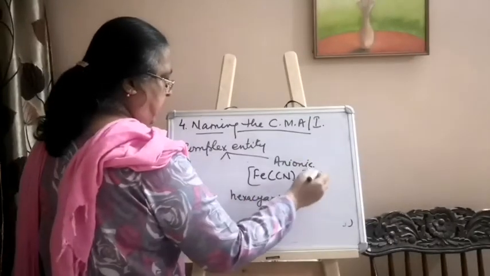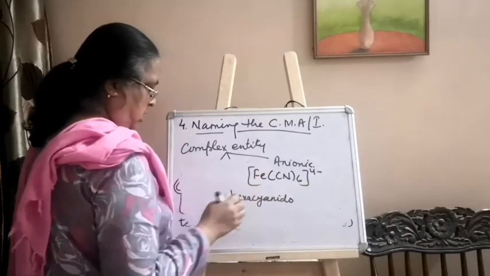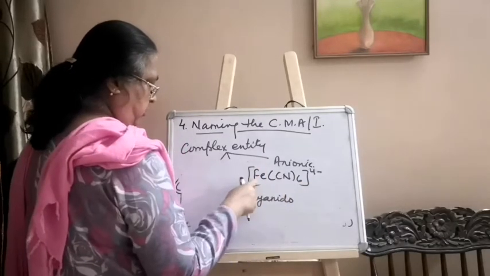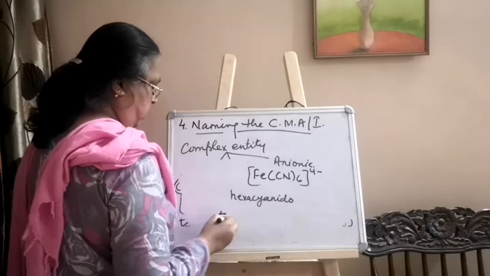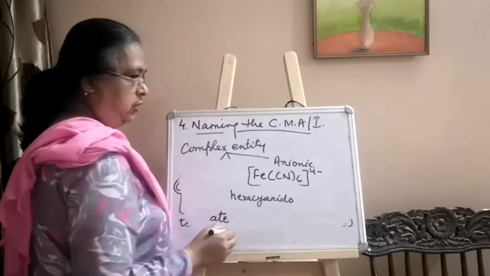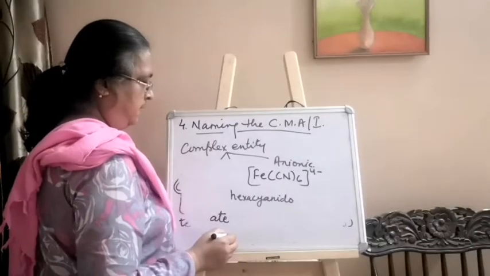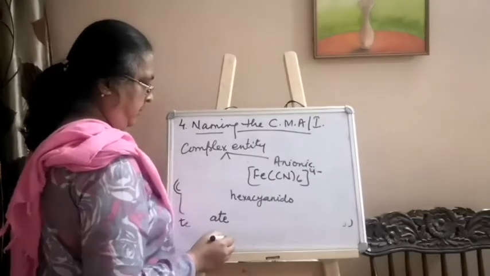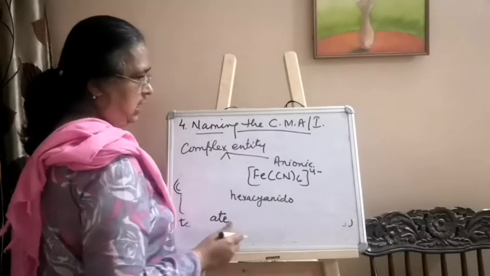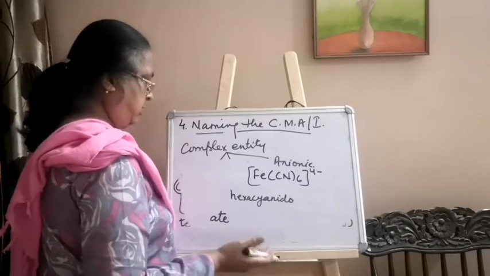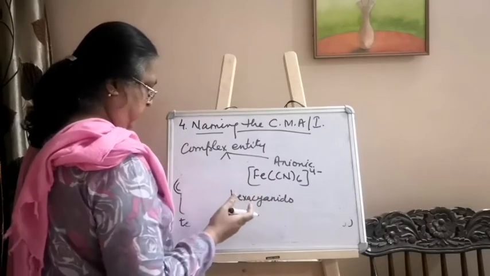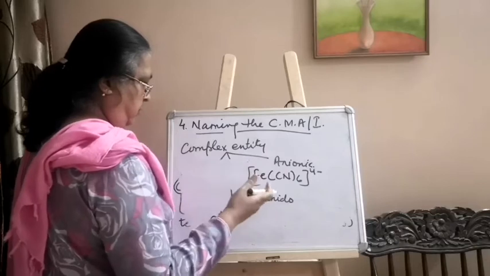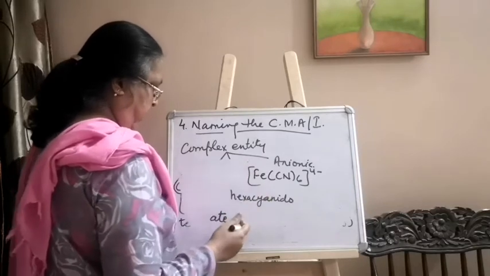When the complex entity is anionic, the name of the metal will be ending with ATE, and for that you will have to use its Latin name. So if it is nickel, for nickel there is no Latin name, it will remain nickelate. But if it is copper, it will be cuprate. If it is iron, it will be ferrate.